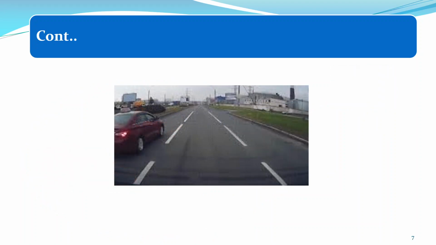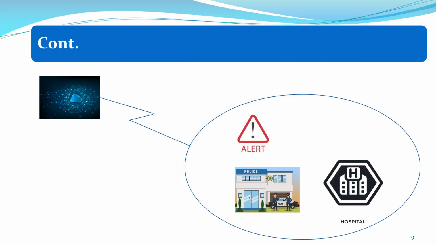Think of a situation where the car comes with an accident. The IoT device understands this and automatically sends an alert with location to the concerned police station or nearby hospital.